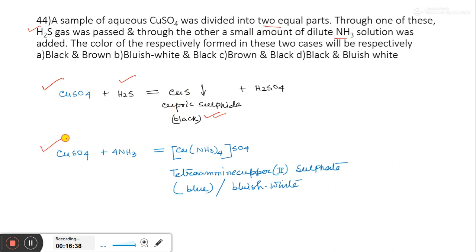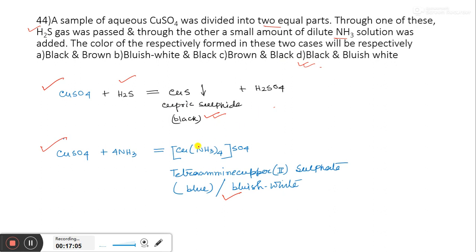Now when copper sulfate reacts with ammonia, it will form [Cu(NH3)4]SO4, tetraammine copper(II) sulfate. This is bluish white or blue in color. So first, when H2S is passed, a black precipitate forms, and when ammonia is added, a bluish white precipitate forms. Black and bluish white is the correct one, so option D is correct.